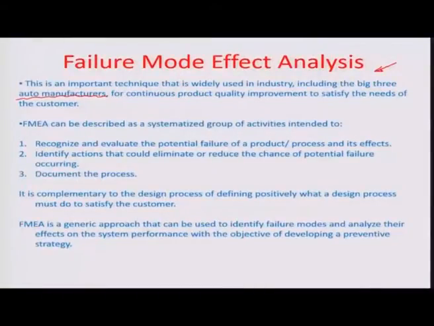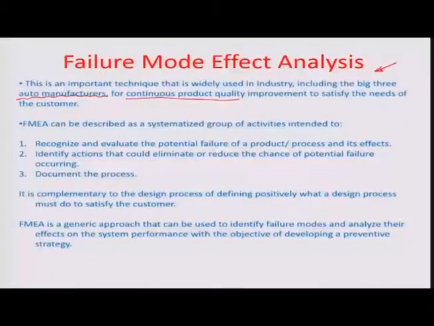So the FMEA technique is typically used for a continuous product quality improvement, so that you can have generally a customer satisfaction, and indices can be drawn to find out whether FMEA is working in a proper manner. So generally FMEA can be described again as a systematized group of activities intended to do threefold development.